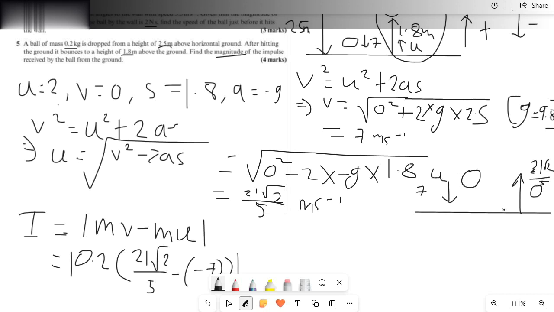So therefore this should be u and this should be v, and if we consider this to be positive, therefore this should be negative.